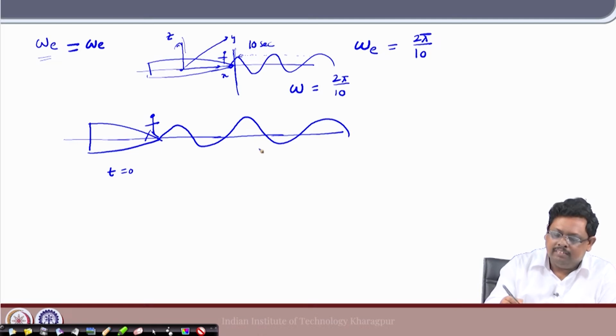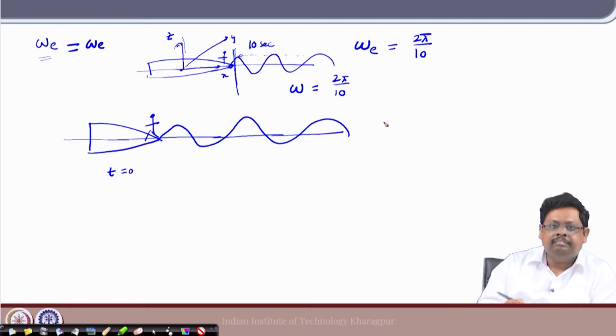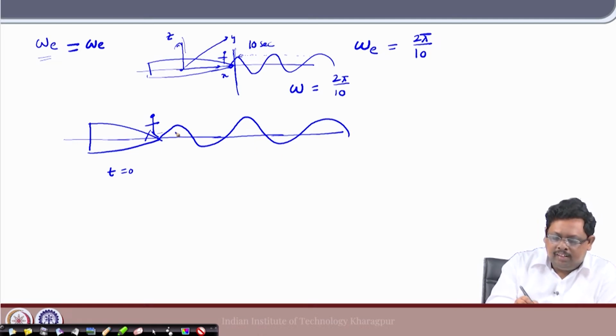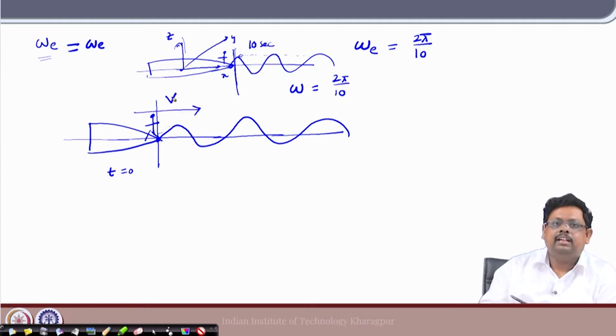It may not be very good waves anyway. Now, what is happening is that when these waves approach this point, by that time the ship moves a little bit forward, because it is moving with some velocity v.